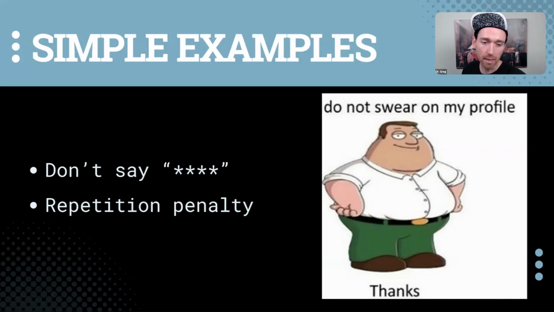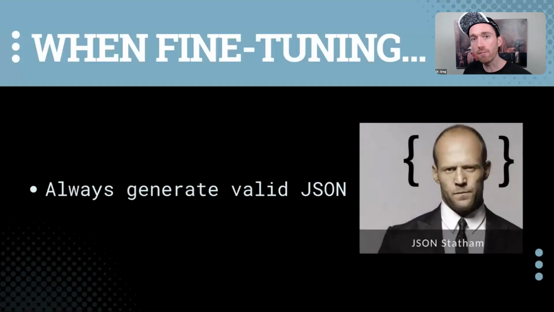These are simple examples. A more complex example might be something like, there's a lot of fine tuning of LLMs being done to interact well with other APIs and applications, specifically using JSON format as an output to engage with another API. If you have a specific type of output that you want, one way to get this is to do some fine tuning.